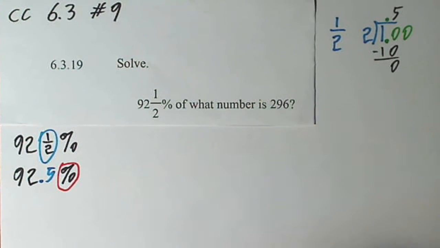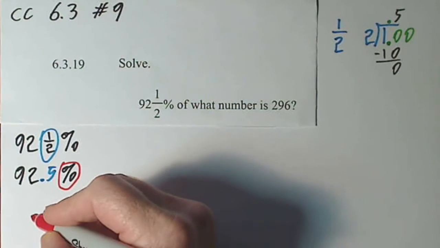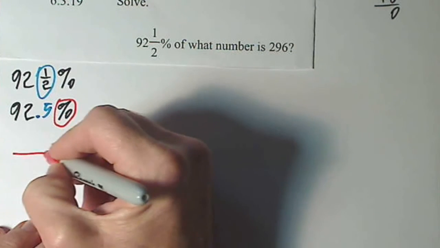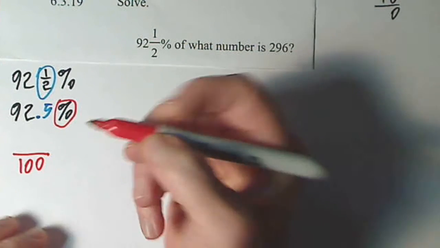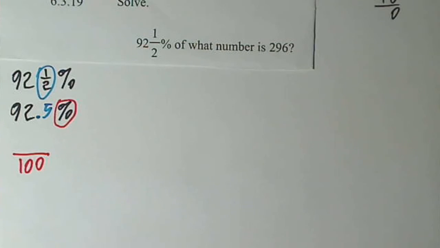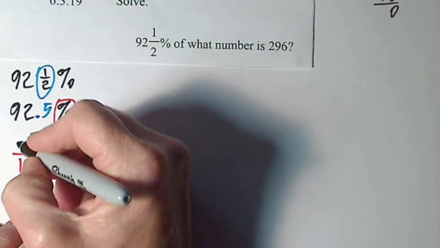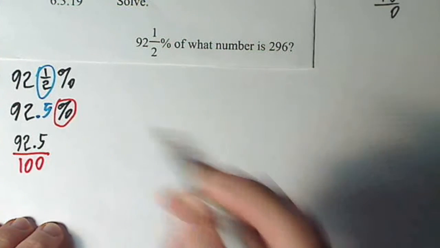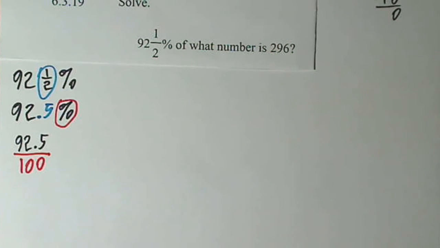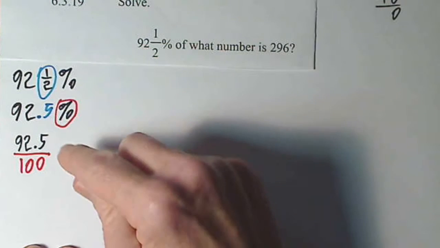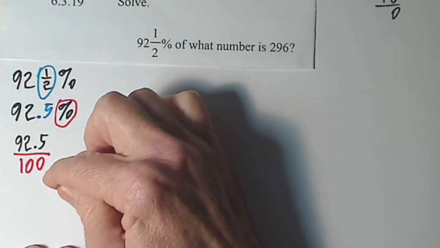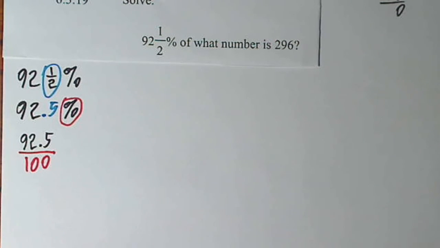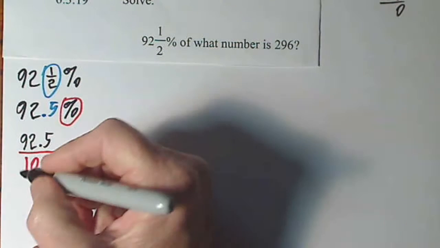So this sign means divide by 100. Well, let's keep our 92 and 5/10. Now anytime you have a decimal and you divide by 100, you simply move the decimal 2 places to the left.